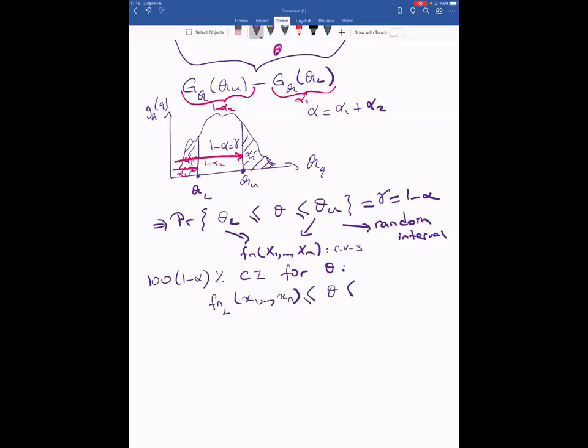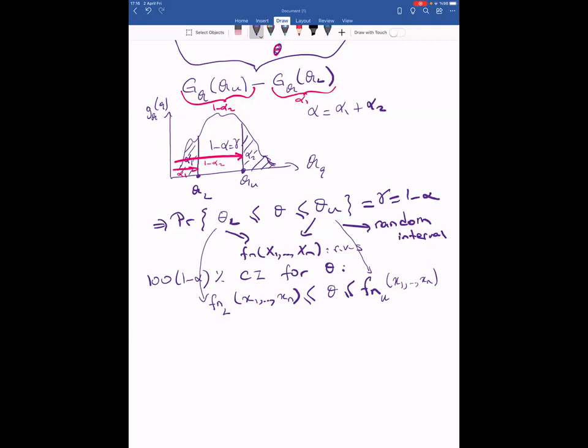Actually, these are the numeric values of theta L and theta U at the end. So I will write it this way to show that we are using numerical quantities. Basically, F L and F U will be just numbers, where F L should be less than F U.